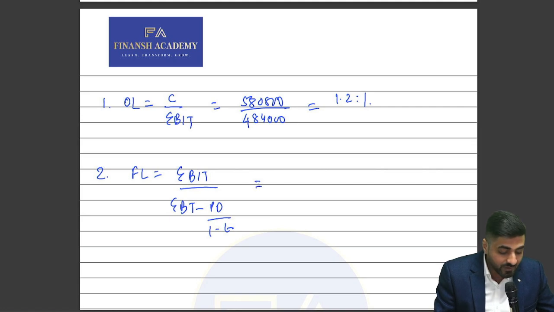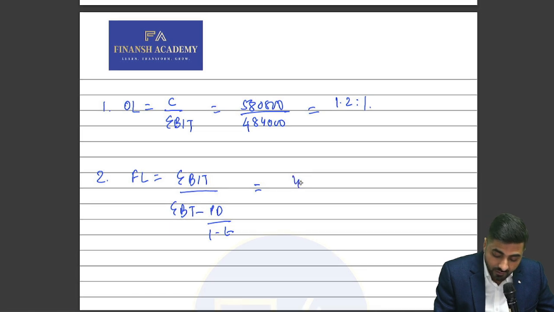What is the amount of EBIT, guys? 4 lakh 80? What is the EBT? 4 lakhs. And do you have your preference dividend? How much is that? 15, 50. Dividing that with what? 1 minus. What's the tax rate?